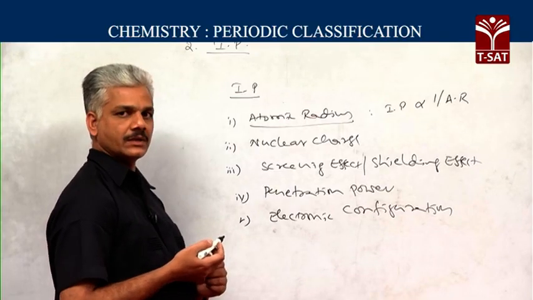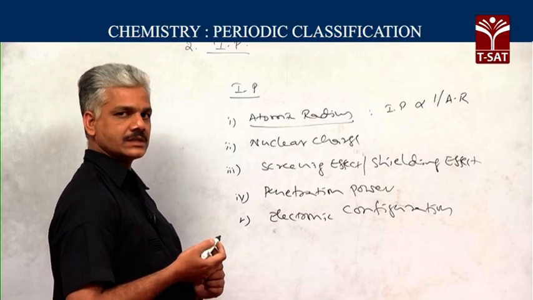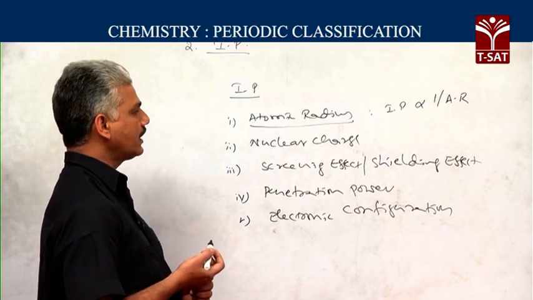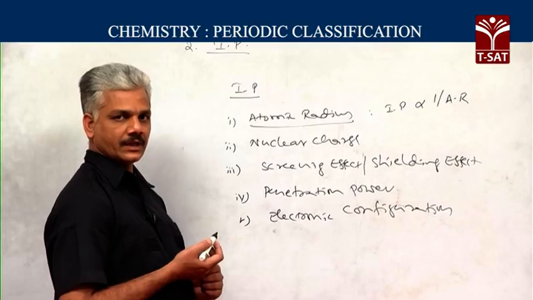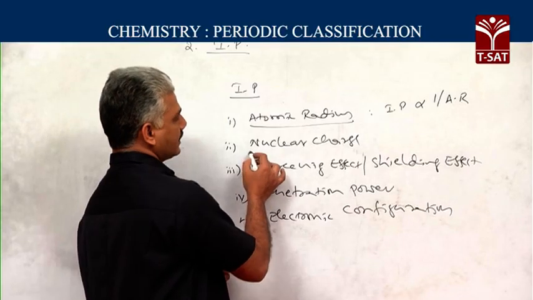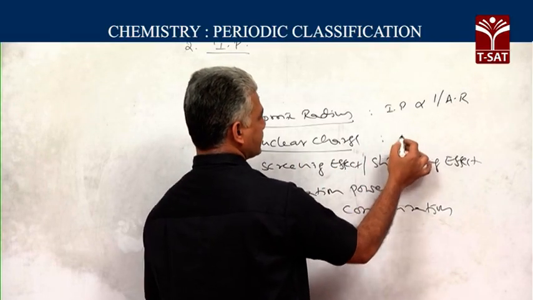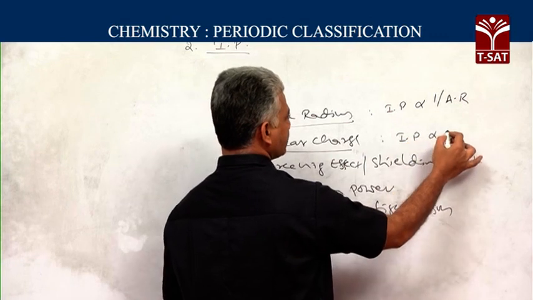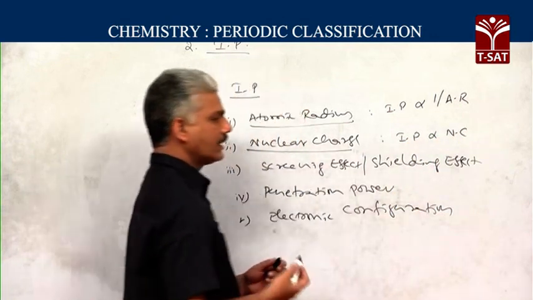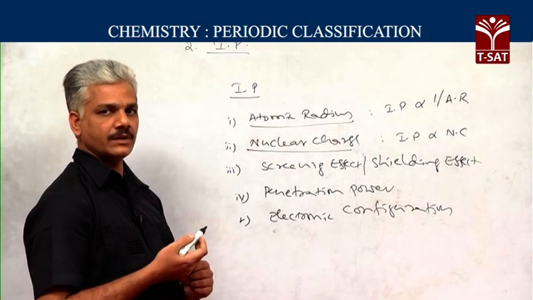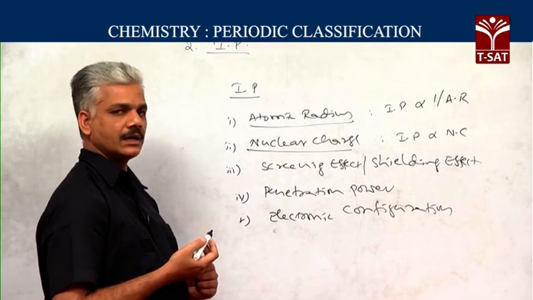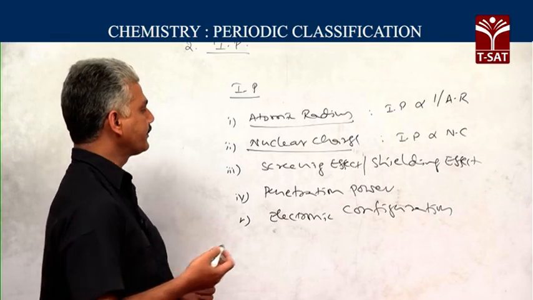With increase in the number of protons, nuclear charge increases and hence nuclear force of attraction also increases. Hence, with increase in nuclear charge, ionization potential always increases. Therefore, ionization potential and nuclear charge, they are directly proportional to each other.